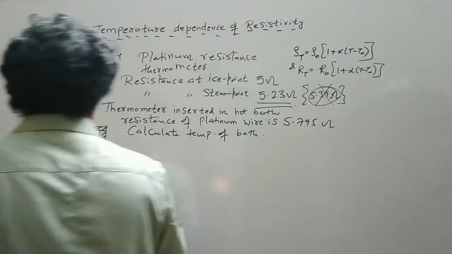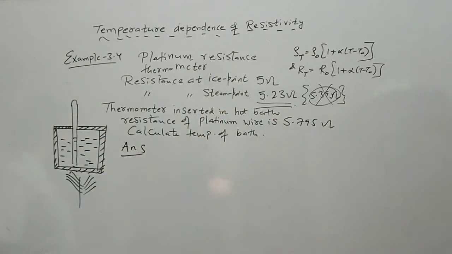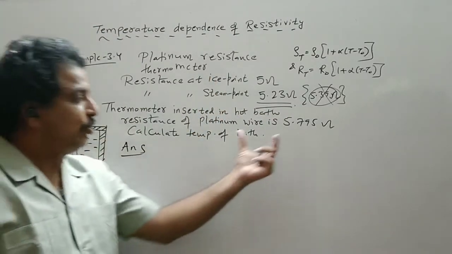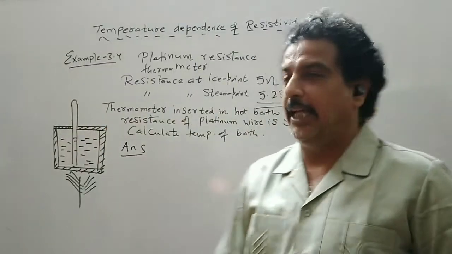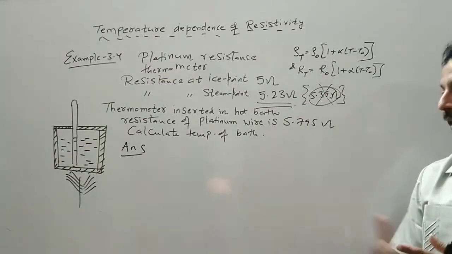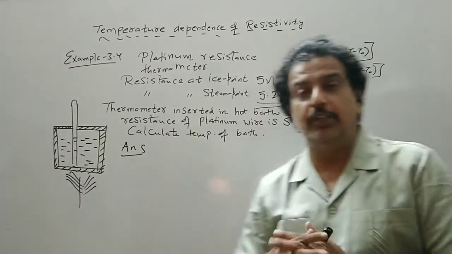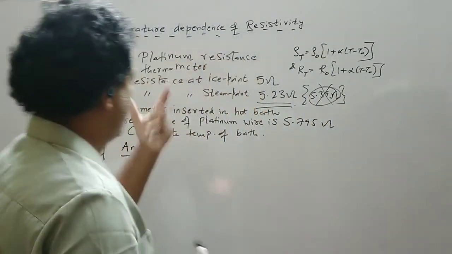Here the references are given as a steam point and an ice point. Now see, alpha is not given. If alpha is given, then we can directly use this formula. Instead of that, they have given you the two reference points. So let us give the symbols.